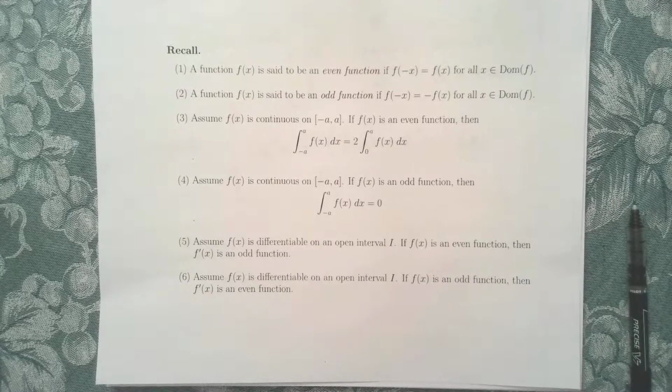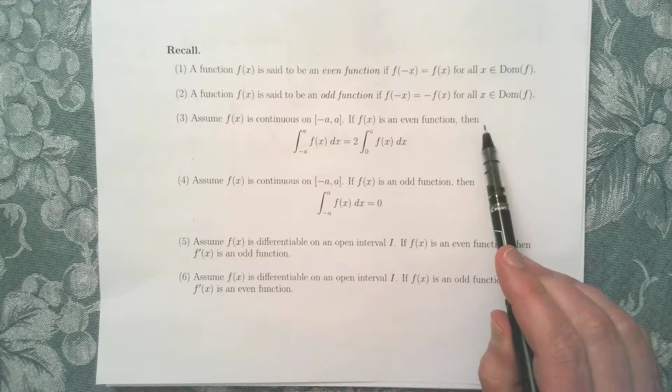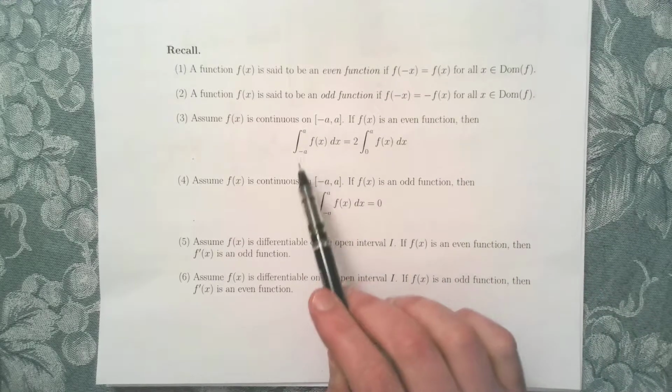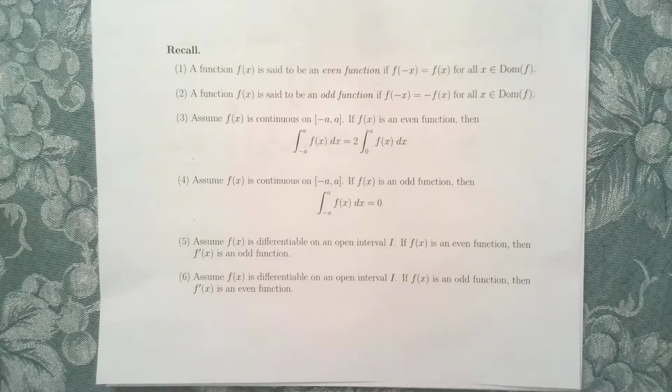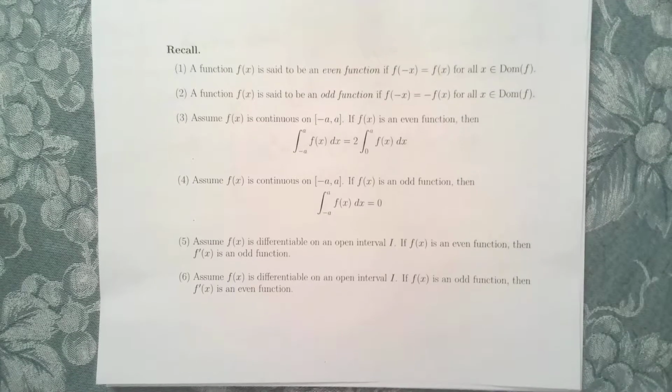Okay, so next assume f of x is continuous on the closed interval from negative a to a. Well, if f of x is an even function, then we have this nice little computation that the integral from negative a to a of f of x dx is exactly 2 times the integral from 0 to a of f of x. There's actually some nice symmetry happening with our even function. You might recognize that one from Calculus 1, perhaps near the end of the course.